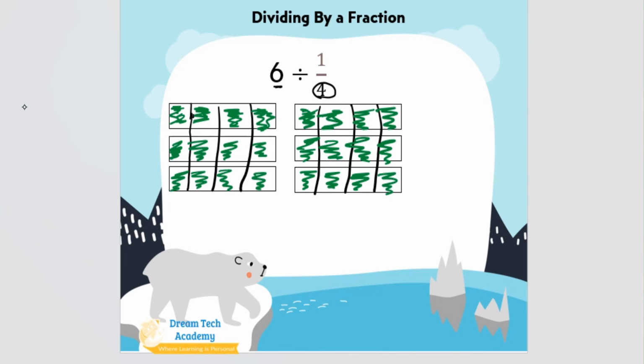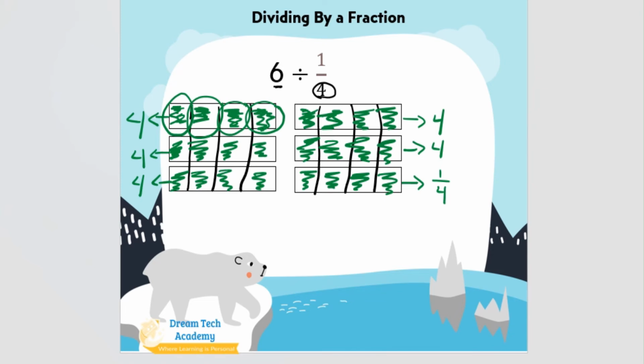So in this first whole, we pulled 1/4 4 times. Here's one, here's another 1/4, another 1/4, and another. So we did that 4 times. We did the same thing for this whole and the same thing for this whole. Over here, we did the same thing for this whole. We were able to pull 4 1/4 from each whole. Oh, I'm sorry. Let's erase that and put a 4.